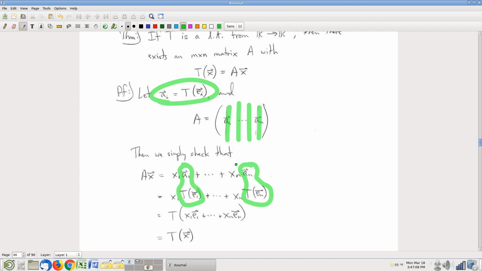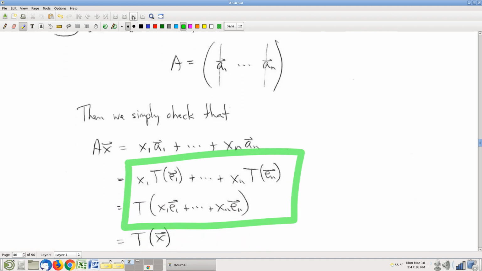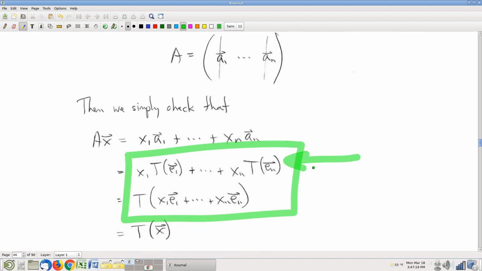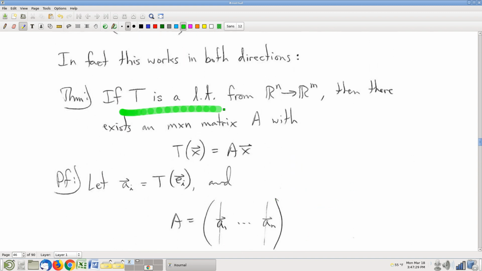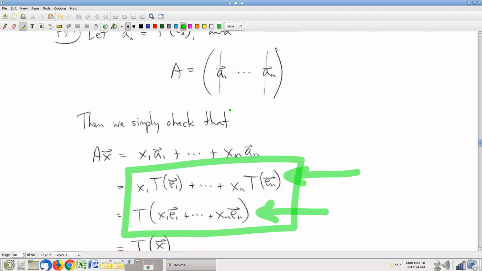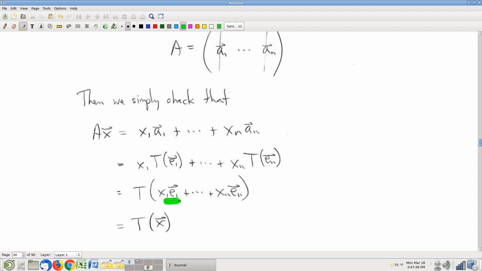Okay. Having done that, here's just a use of linearity. Right, here I have a linear combination of outputs, and I'm rewriting it as coming from a linear combination of inputs. Plain old linearity. By assumption, we're assuming that T is a linear transformation, so we can do that. And now it's just spike the football time, but look what we have on the inside here.